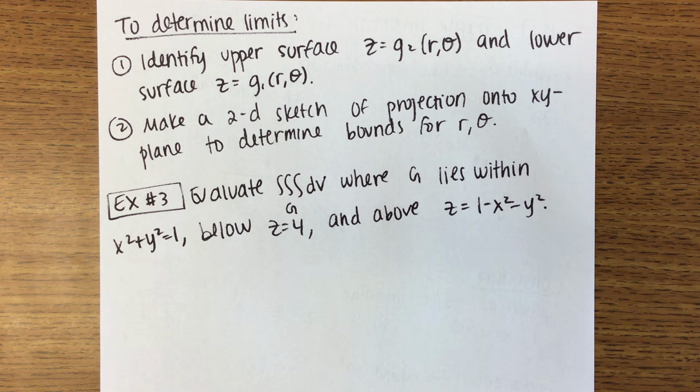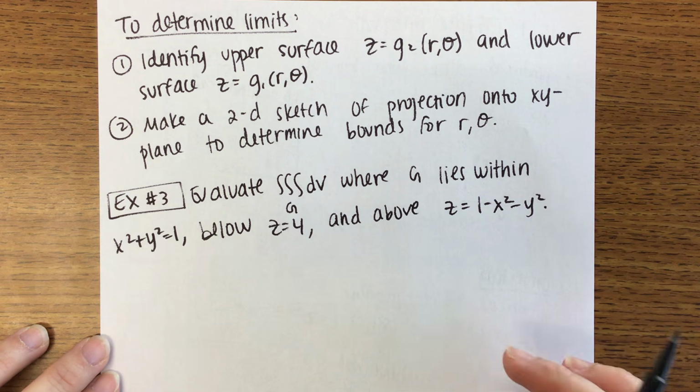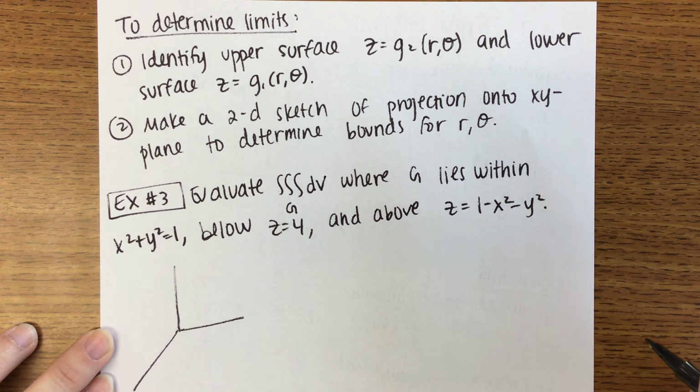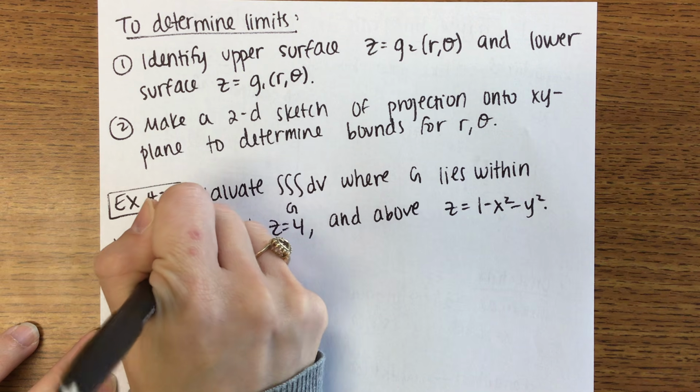Okay, before we draw a picture, because like before we're going to need a picture to find our limits, what are we finding? Just volume, because it's 1 dV. So we're finding a volume. Okay, we need to draw this figure. z equals 4. It's going to be some plane up here.